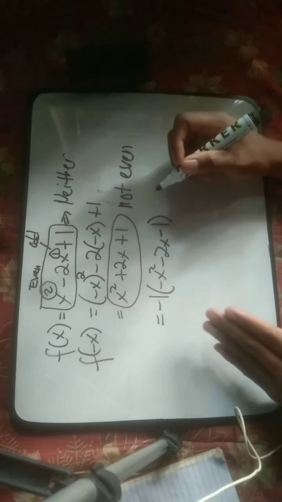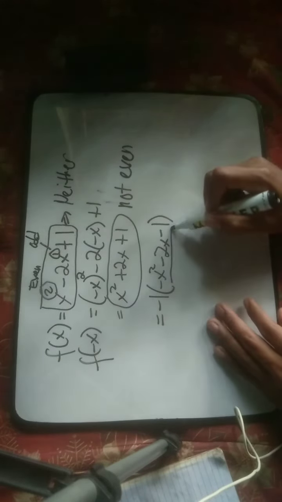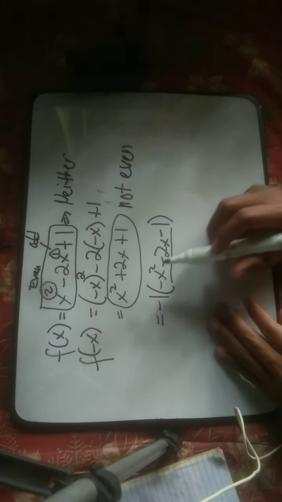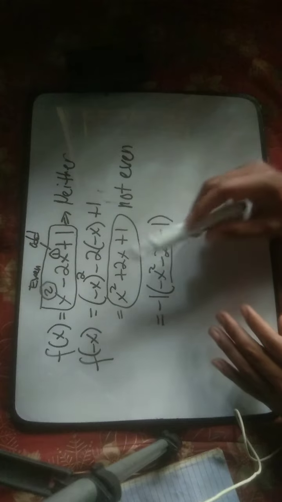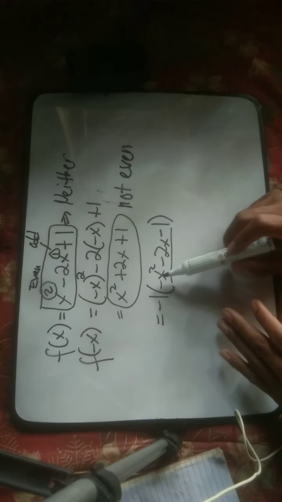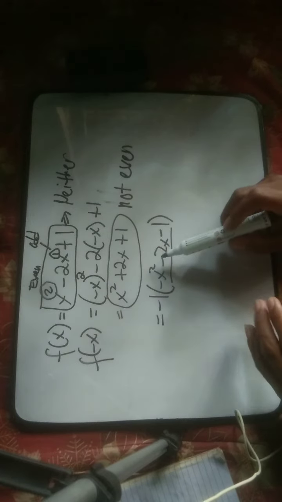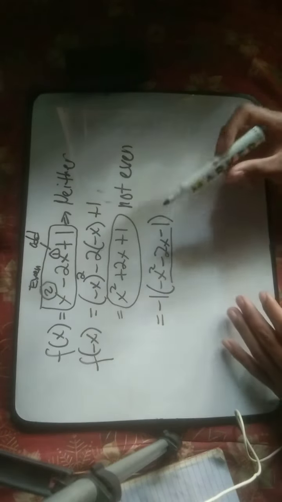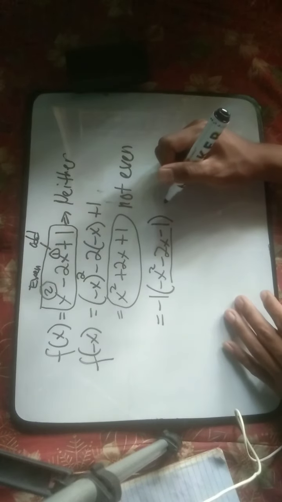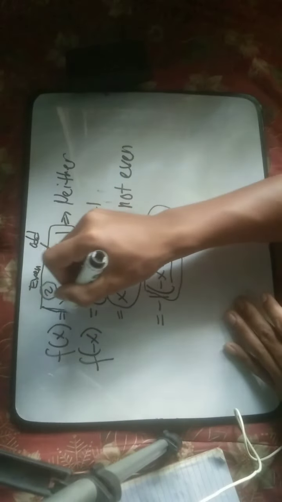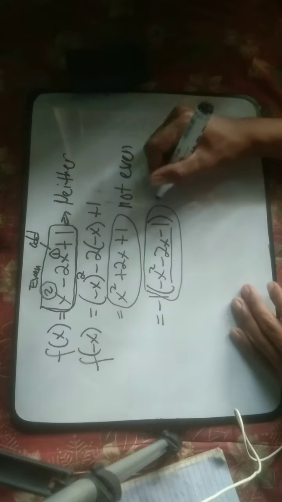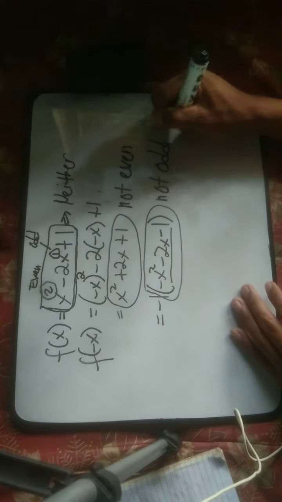Now if we look at the function here, not all signs have changed: the x squared term changed, the 2x term changed, and the constant changed, but the result does not satisfy the original function, so it is not odd. That is how we find if a function is odd, even, or neither.